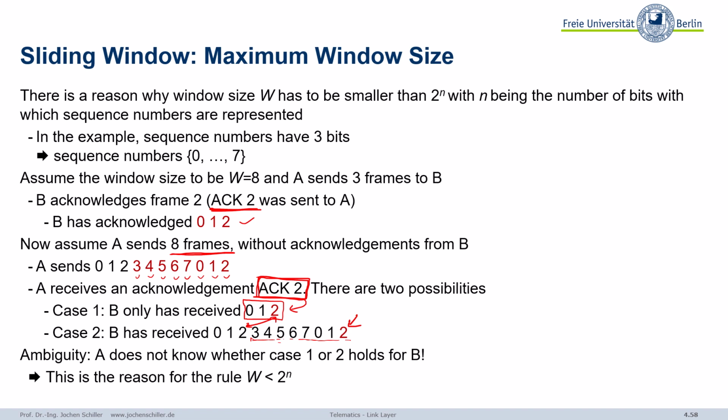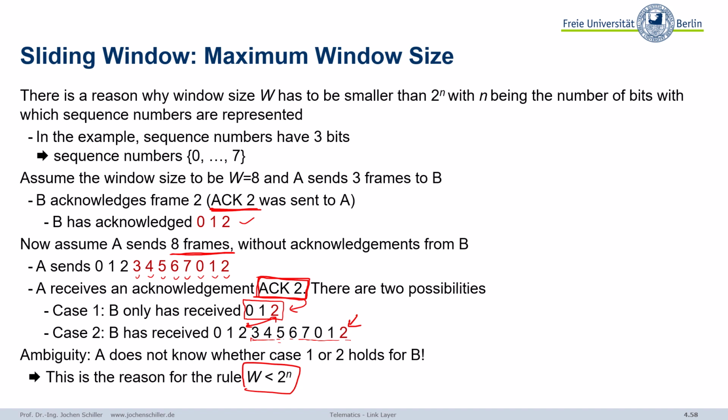Try this on your own, you will see this situation cannot show up if we follow this rule that the window size always has to be smaller than 2 to the power of n, with n the number of bits, 7 in our case. So maximum window size 7. You can have smaller window sizes, but not larger window sizes.